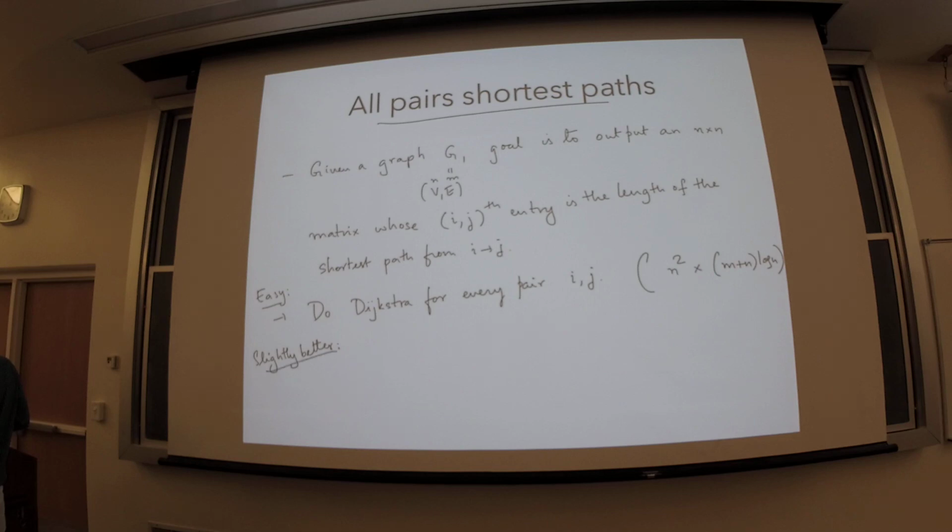Slightly better is to observe that Dijkstra gives the shortest path from u to all others.